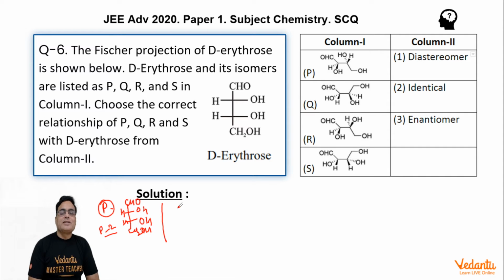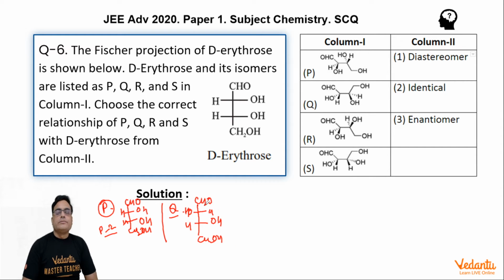Okay, let us convert structure Q given in column 1 into Fischer projection formula, okay? Again, CHO you should put at top, then carbon number 2 OH will come at left, and carbon number 3 OH will come at right, and then it will become CH2OH, right?